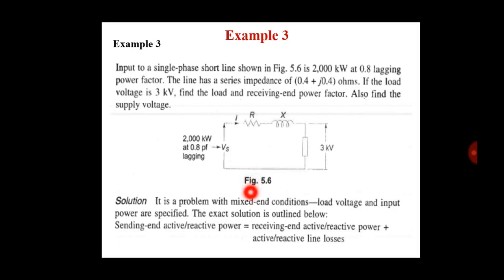Here is the sending end active and reactive power. Receiving end is equal to receiving end active and reactive power plus losses. Active and reactive line losses mean sending end is equal to receiving end plus losses.